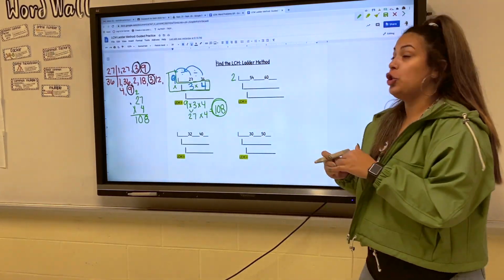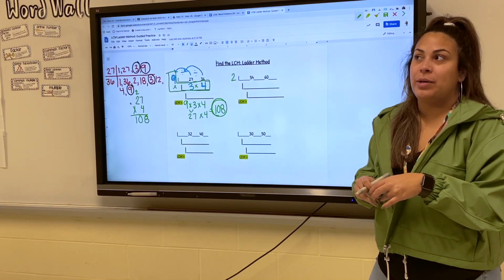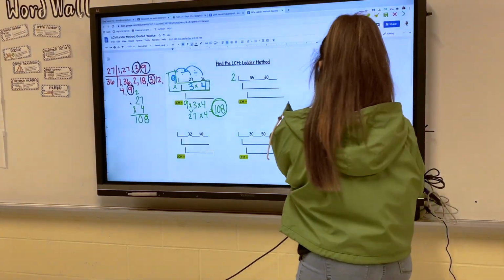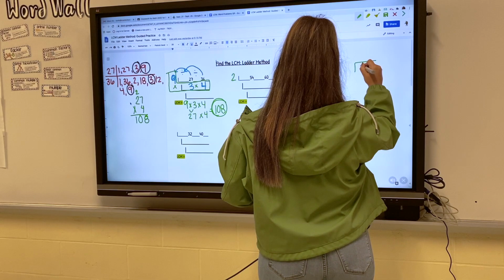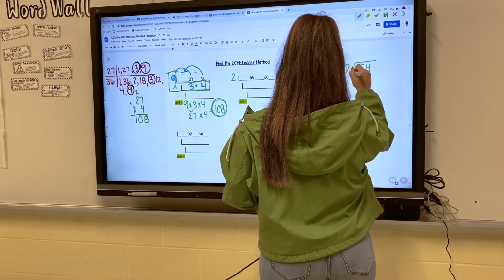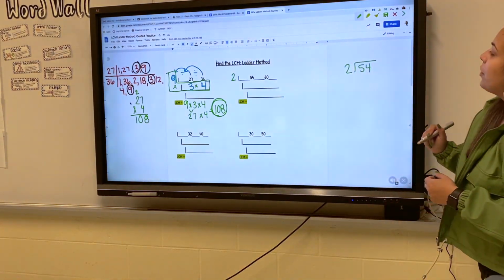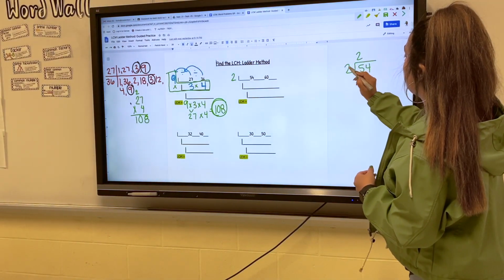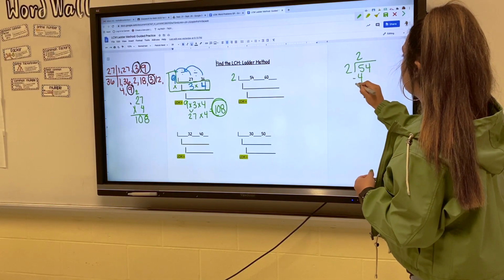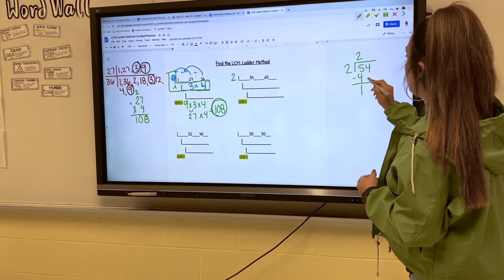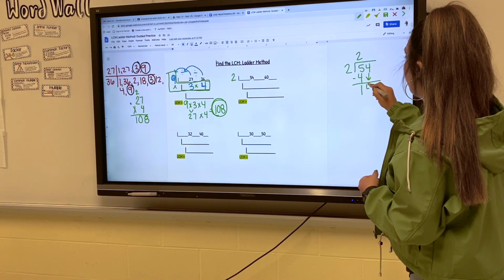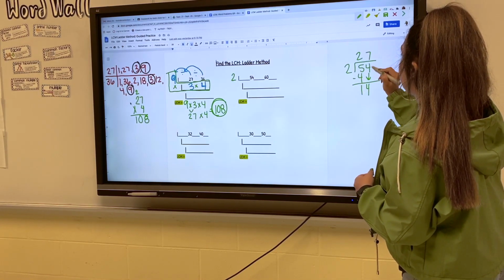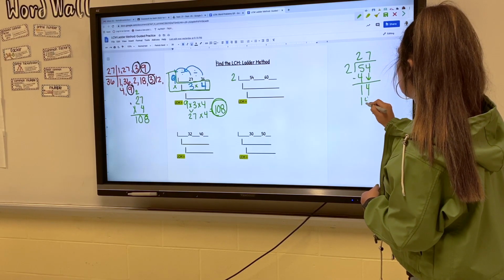Now, I don't know 54 divided by 2 off the top of my head, so I'm going to go to the side and work it out. 54 divided by 2. 2 can go into 5 twice. 2 times 2 is 4. Subtract. 5 minus 4 is 1. Bring down that 4. 2 can go into 14 7 times. 7 times 2 is 14.